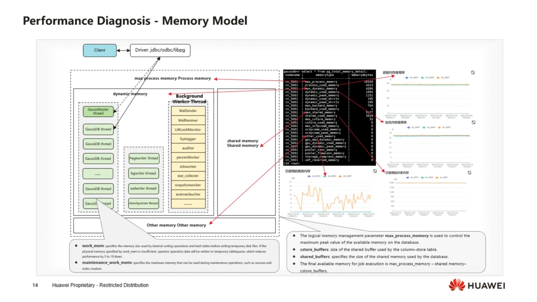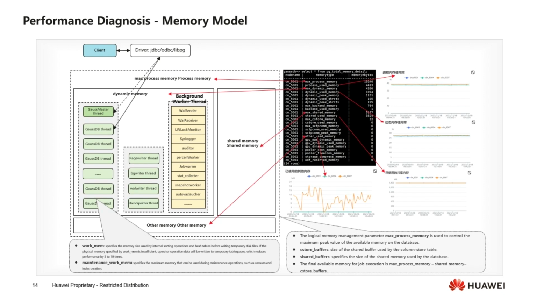For other types of memory, as we can look up from the view called pg_total_memory_detail, most of them either belong to dynamic or shared memory. We don't normally care about the ones down below. In most scenarios, we care about several parameters related to memory.